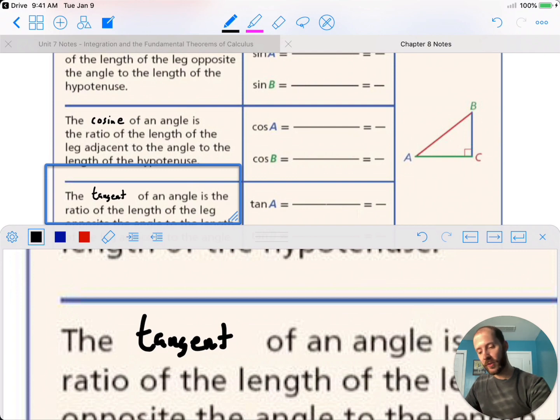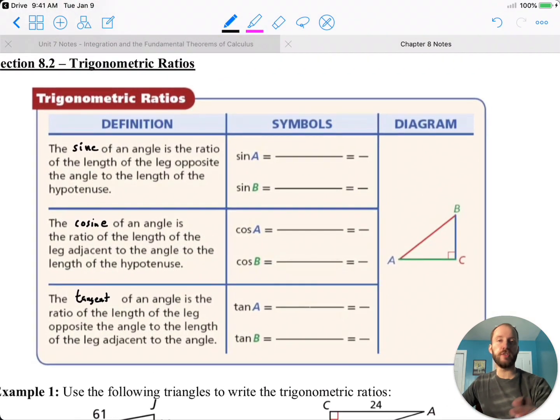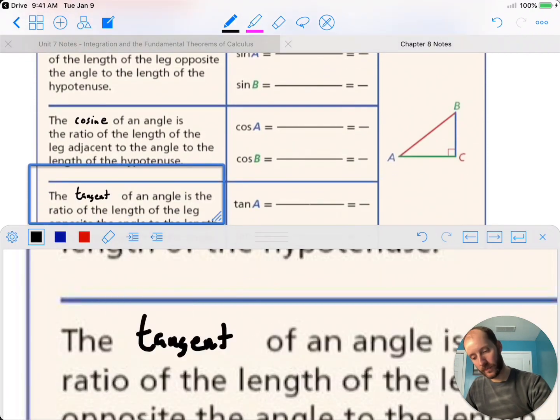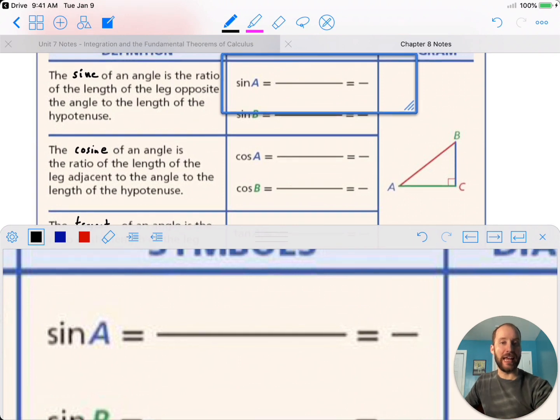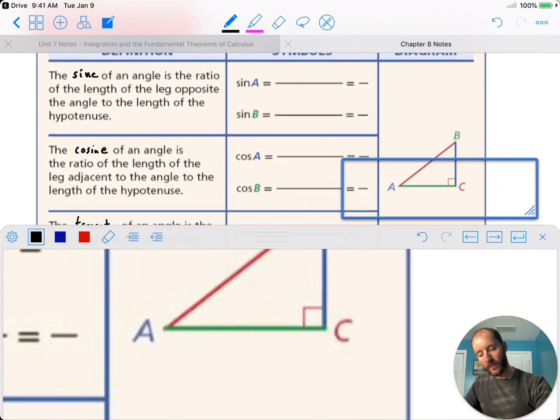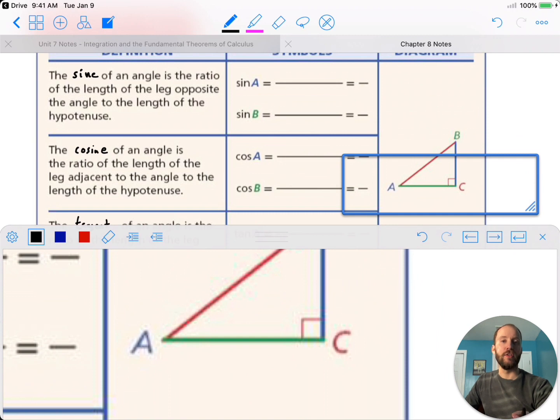Now when we do these inside the right triangles, we have to look at the angle we're doing and assign a name to the three sides in relation to the angle. So let's start with angle A, down here in the right triangle, looking at angle A and the sides in relation to that angle.